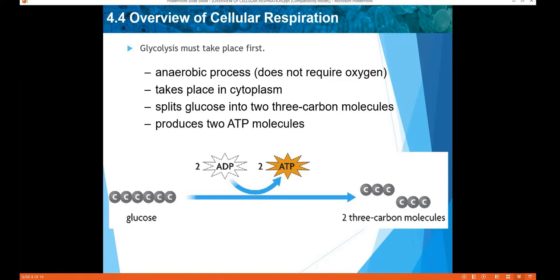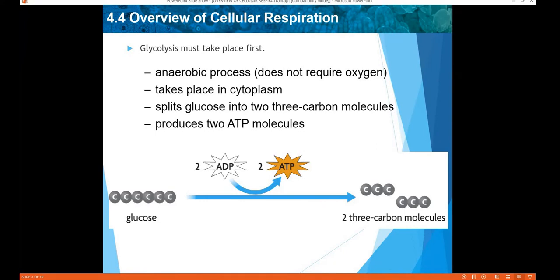The products of glycolysis are broken down in mitochondria to make many more ATP. So the first step of cellular respiration is glycolysis. What happens in glycolysis, girls? The sugar molecule splits into 2 3-carbon molecules and 2 molecules of ATP are released.